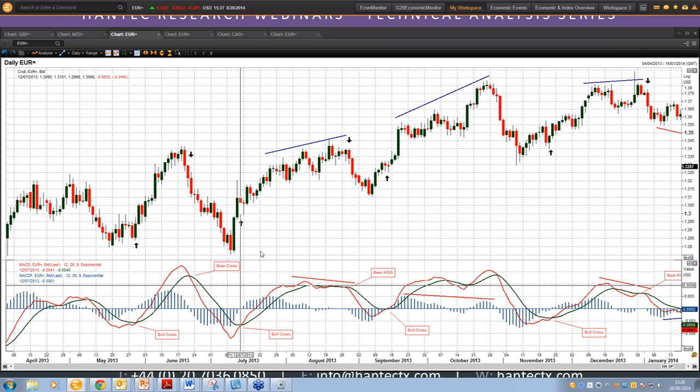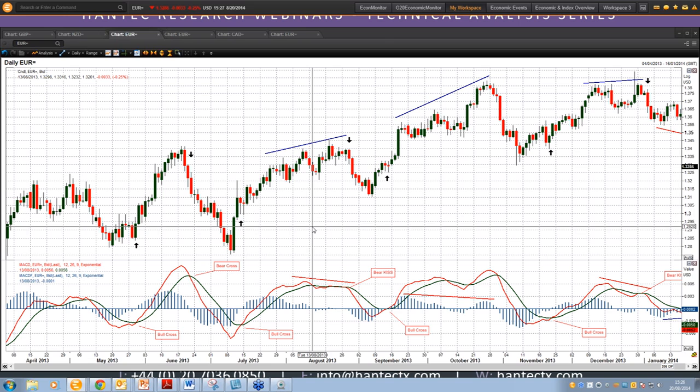Now this is where we get to the divergence, because you're then running your long position through this period of July into August.